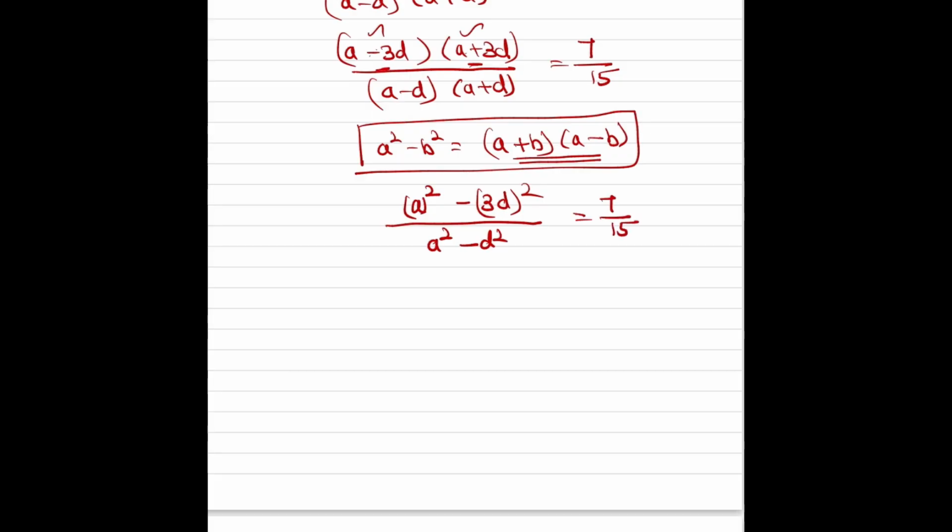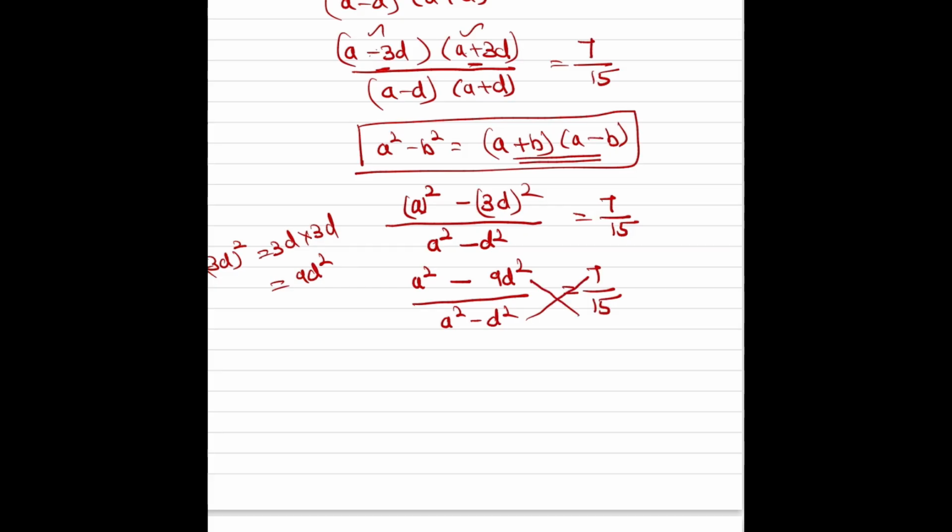Now, A square minus 3D the whole square. 3D the whole square is 3D into 3D, therefore 9D square. So, A square minus 9D square by A square minus D square equal to 7 by 15. Now, what am I going to do? Cross multiply.